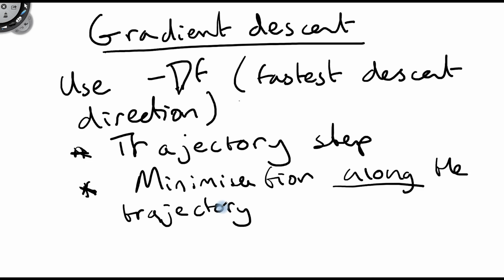So basically, minus grad f is going to define a section along your 2D function. And we're going to have a start and end of each step. But the question is how far along do we go along that trajectory? Well, that's where the minimization comes in. So we find the minimum of the function along this trajectory, and then we stop, and then we repeat.